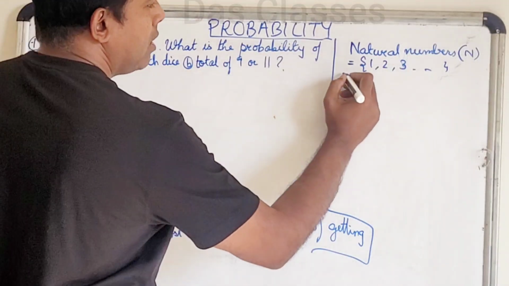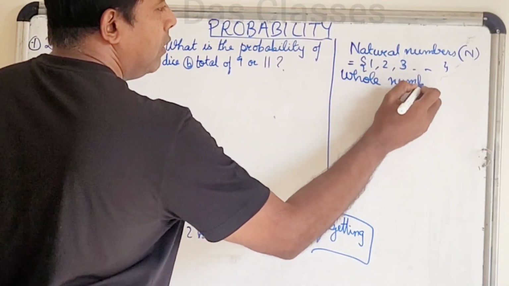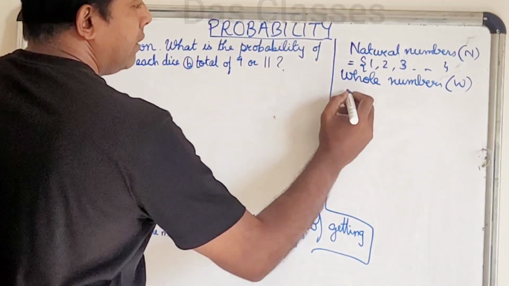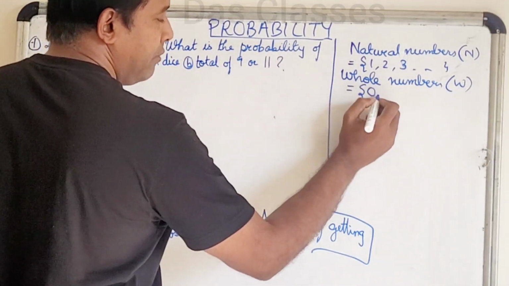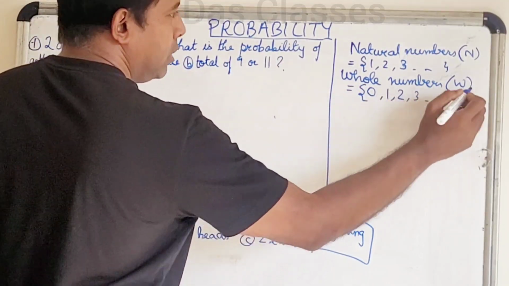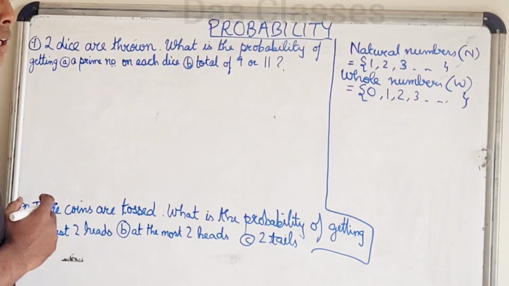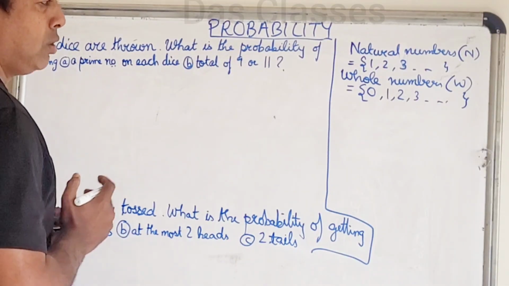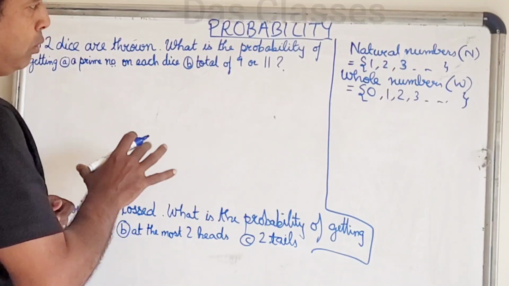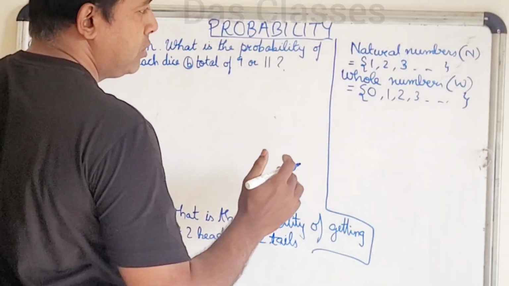Whole numbers, denoted by W: we have to include 0 and all the natural numbers 1, 2, 3, and it goes on till infinity. Integers will not be needed, so we'll not see them. We are basing our concept only on probability, so whatever comes in probability, those things we'll see.